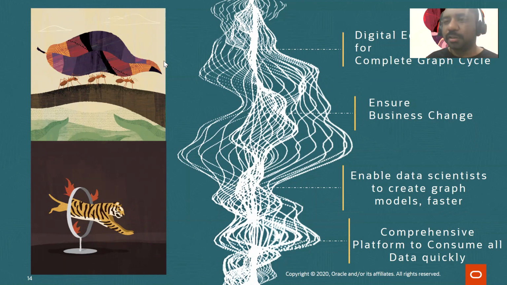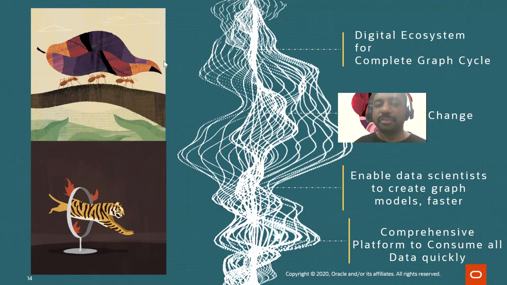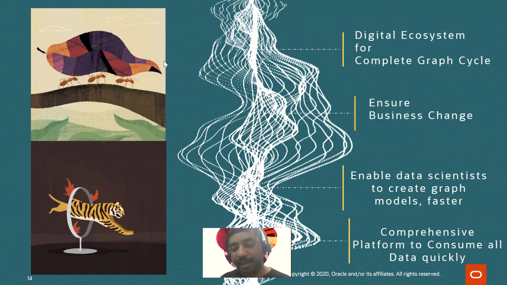So all in all, these two approaches make Oracle Graph a digital ecosystem for the complete graph cycle. It ensures business change. It enables the data scientists to create the graph models in a much quicker and faster way. And it's a comprehensive platform to consume the data very quickly also.